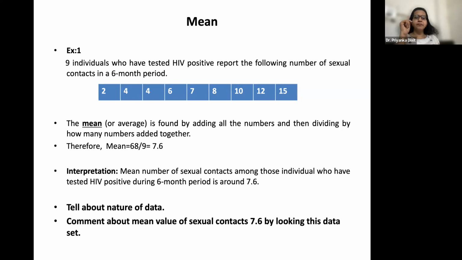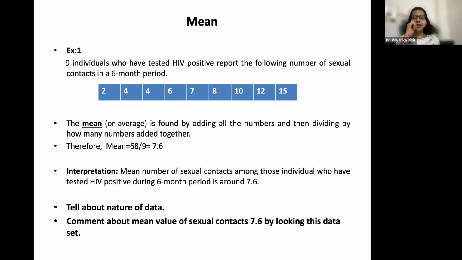Is it clear? That was the interpretation of mean, median, mode, and when we can apply mean, median, or mode. Just a quick thing.